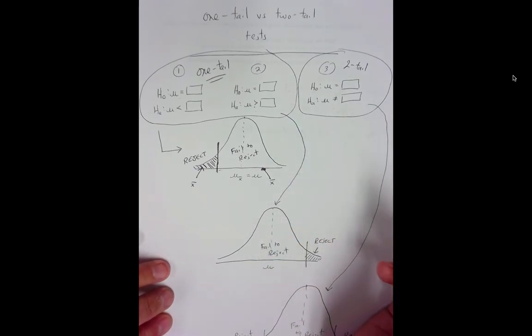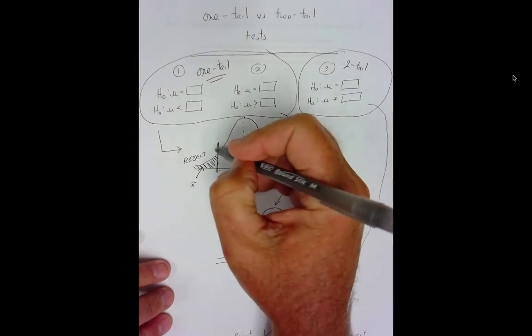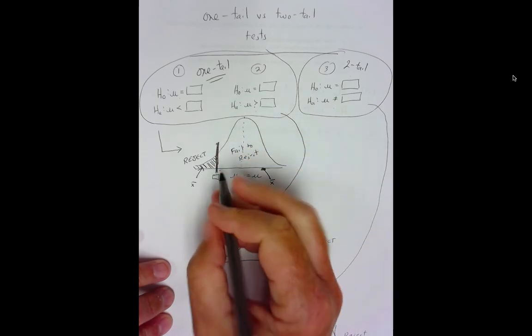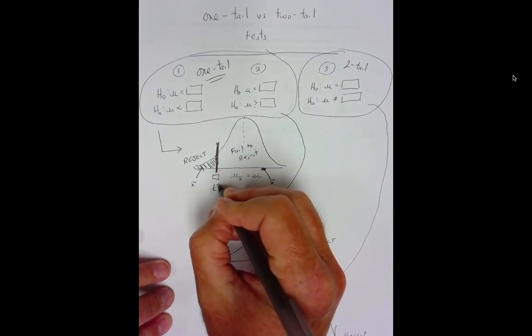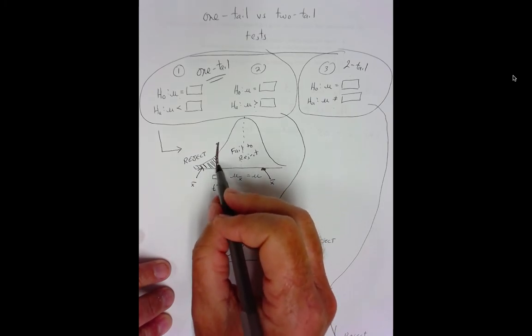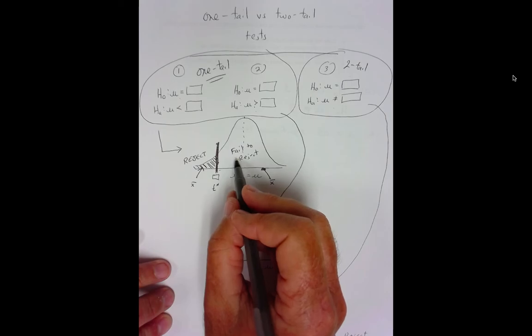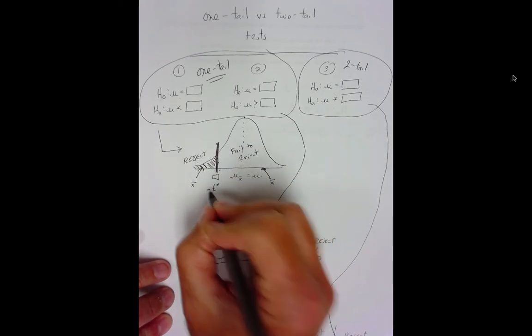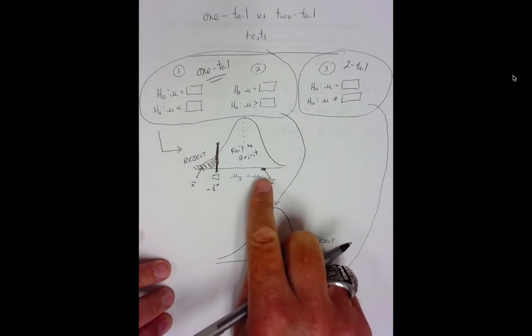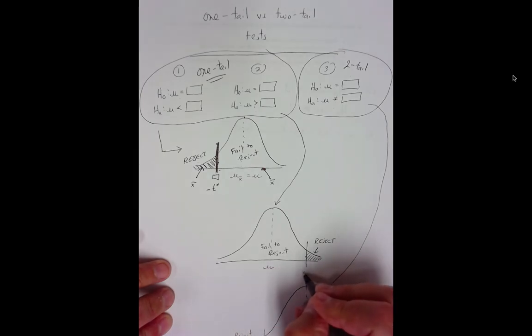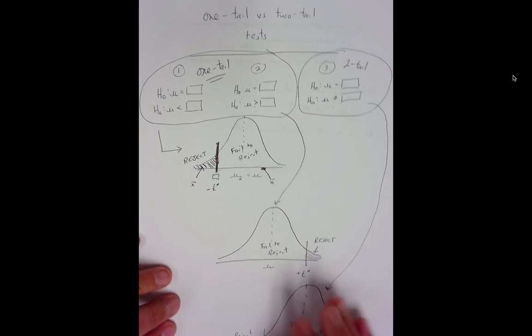Now, the hard part, which will come in the fourth video, will be, how do we find this value right here? We call it a T critical. How do we find this T critical that serves as the line in the sand that separates the fail to reject and the reject region? Now, we know in this case that the test statistic is going to be negative because it's below the mean. Here, the test statistic would be positive because it's above the mean.